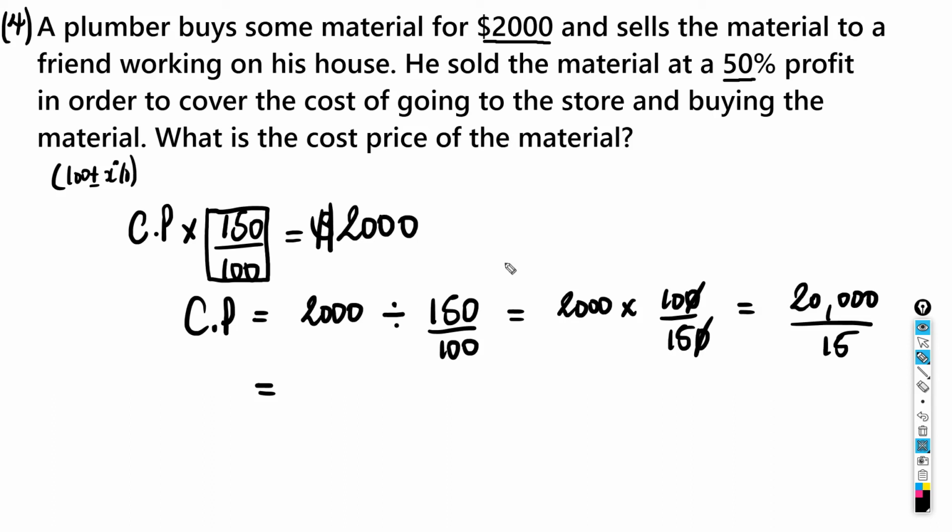And you end up with 1,333.33. And it goes on, but since it's in dollars, it's just 1,333.33, right? That's the answer. All right, guys. And if we were to multiply that by 150 and divide it by 100, we would actually get 2,000. Okay. So, right, it's correct.